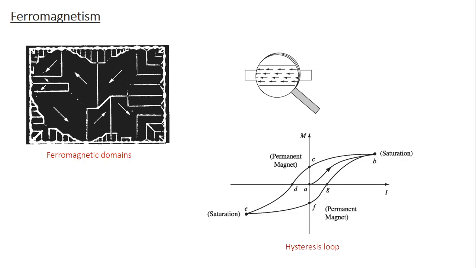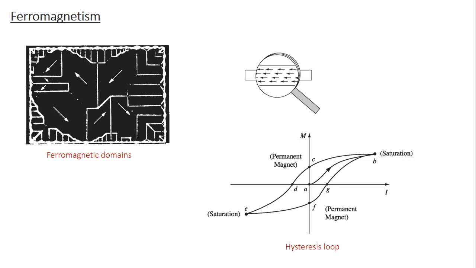Slowly the domains along the direction of the external magnetic field grow in size, other domains shrink, and finally one single domain takes over the entire material. The entire material gets aligned in one single direction, and in this case you can say that the material is completely saturated.